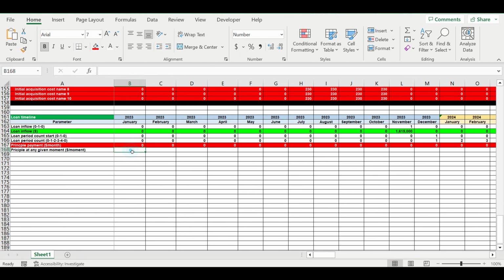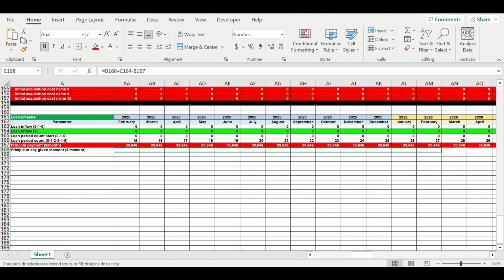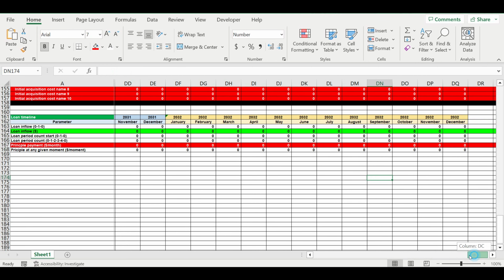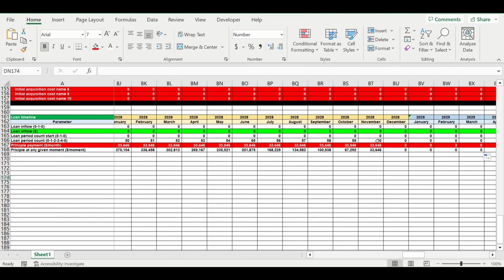So now we will create the amount of principal at any given moment. We will take this value plus the inflow of the loan minus principal payment. Now we will extrapolate this formula to the right. So now we can see that at the end of the loan the principal disappears.